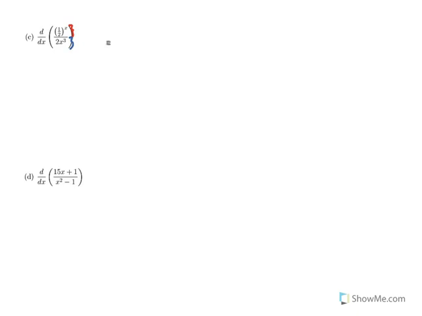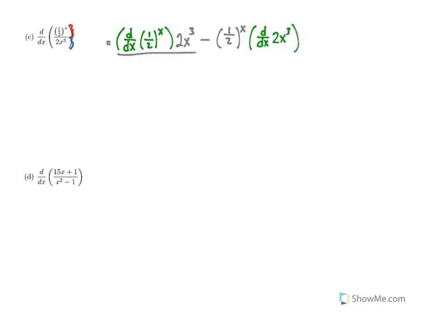So the quotient rule says that we are going to take the derivative of the top times the bottom minus the top times the derivative of the bottom, all over the bottom squared.